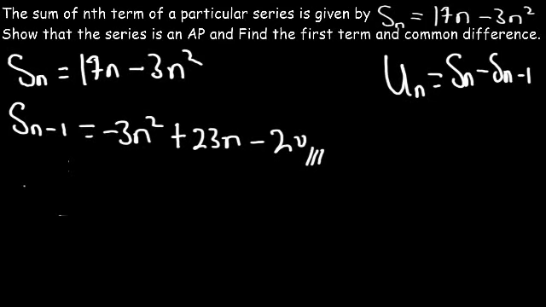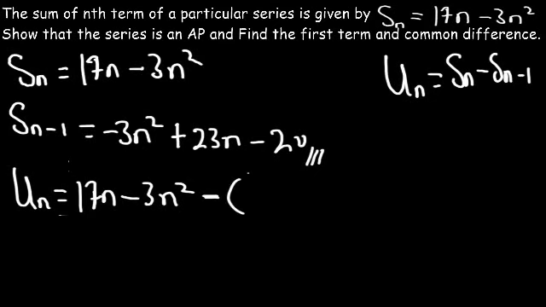So we should have U sub n equal to 17n minus 3n squared, then minus, and we're going to put it in a bracket, since this trinomial is more than one term: minus 3n squared plus 23n minus 20.